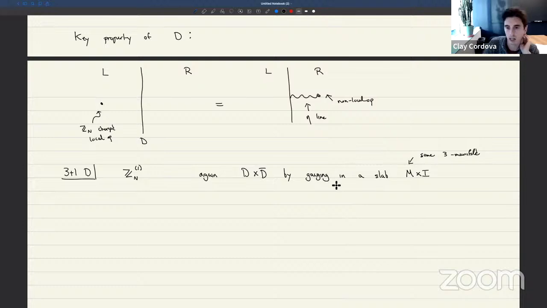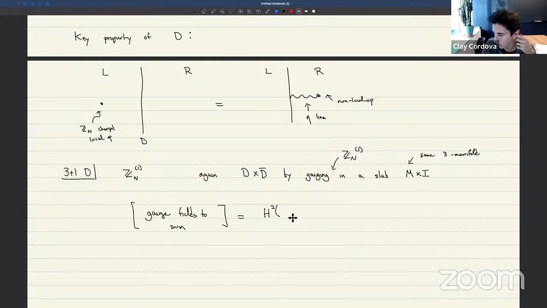Okay, so we're going to gauge, what are we gauging? We're gauging now this Zn 1-form symmetry in a slab of this shape to try to compute the fusion D times D bar. So we're supposed to sum over gauge fields. What are the gauge fields we're supposed to sum over? Well, these are cohomology classes of degree 2.